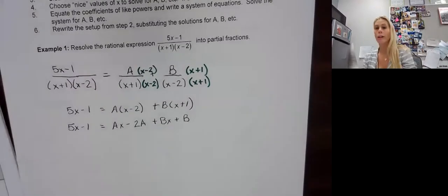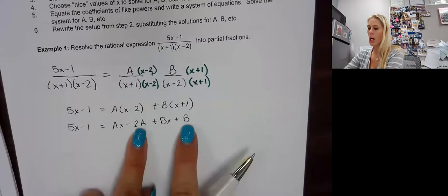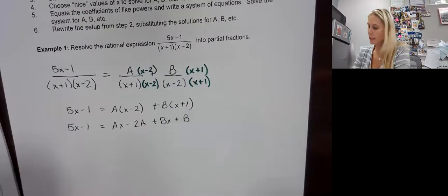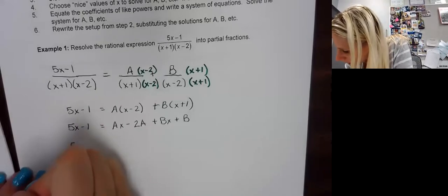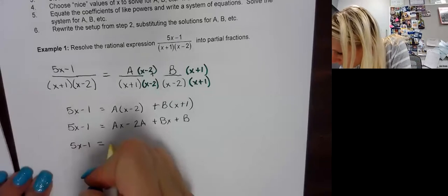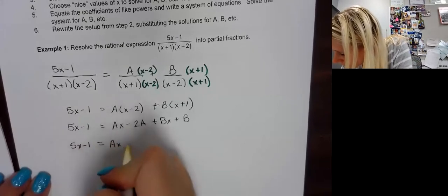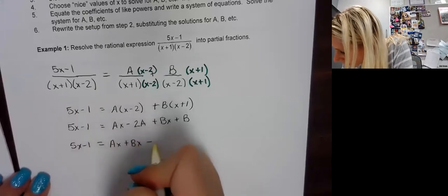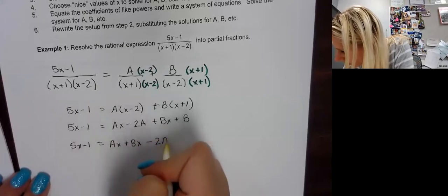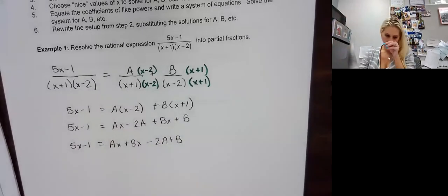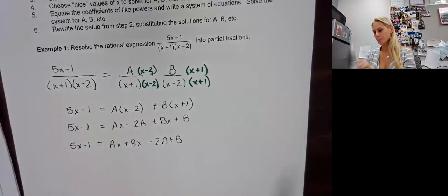What I'm now going to do is put my x's together and my constants together. Okay, there's my x term, there's my constant. So I'm going to put those together. So I end up getting ax plus bx minus 2a plus b. All right, so why did I do that?